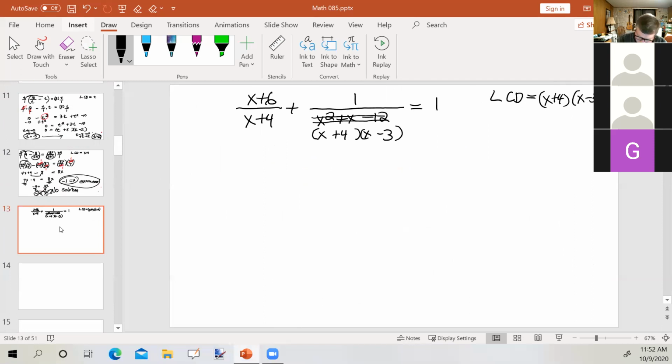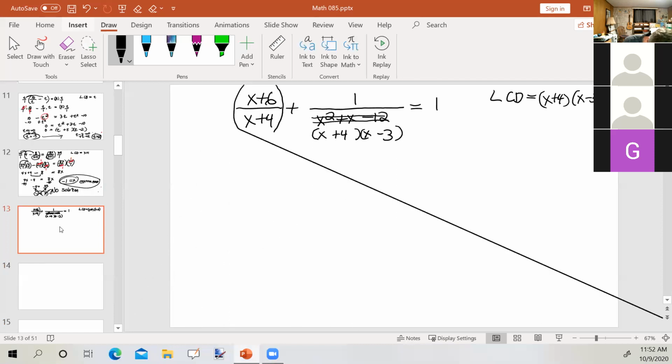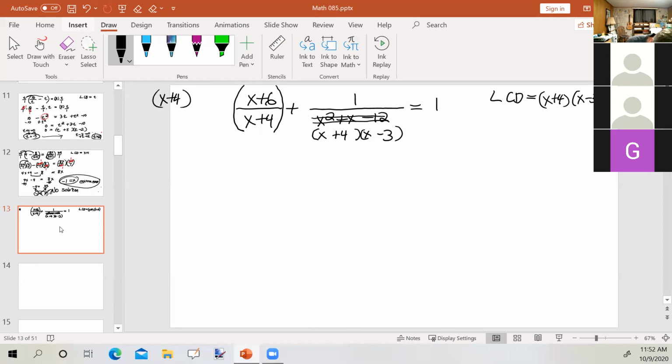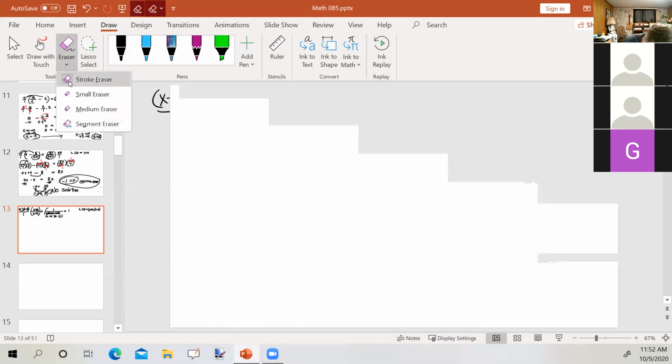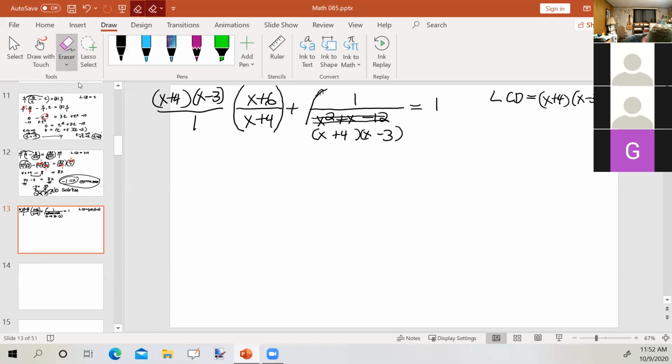All right, here we go. So we're going to multiply both sides of the equation by x plus 4 times x minus 3. I messed up there. Hang on. Come on, eraser. Don't fail me now. There we go.